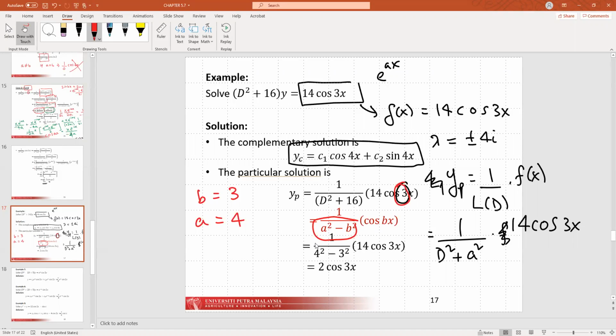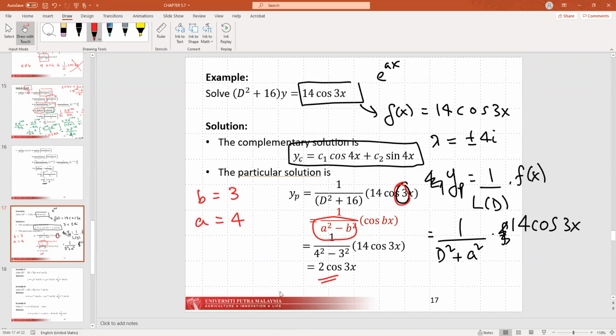Sekejap. Okay, 16 tolak 9, 7. So 14 bagi dengan 16 tolak 9, so dapat 2. 7 bagi 14 bagi 7, dapat 2.